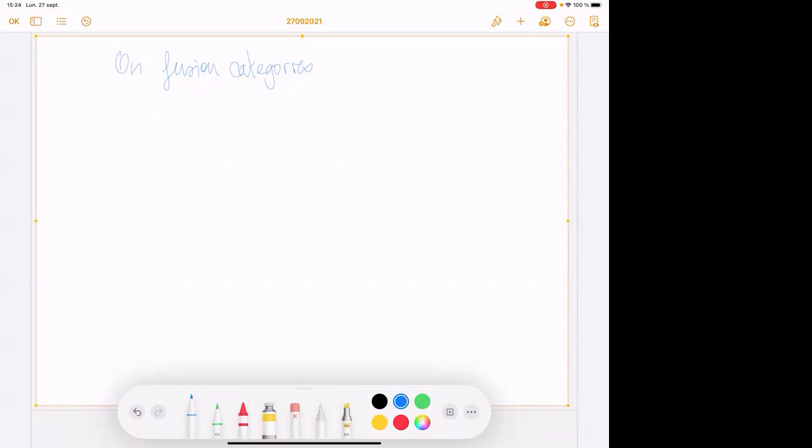So last time we finished with the proof of all the triangle diagrams. We proved that all the triangle diagrams commute using the pentagon and the unit axiom.